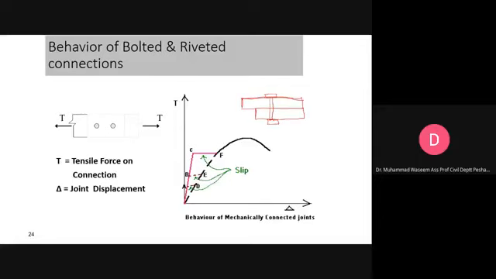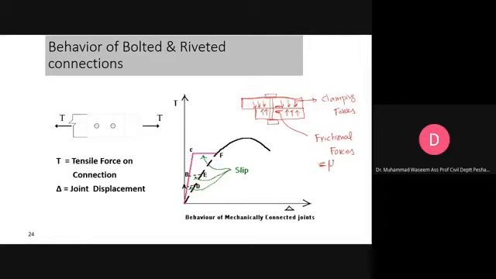Once you apply the tightening, there will be some clamping forces produced, and in addition to the clamping forces, we will also have this type of forces, frictional forces, which will be acting along the faying surface.